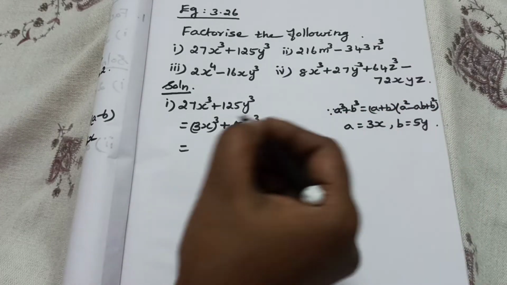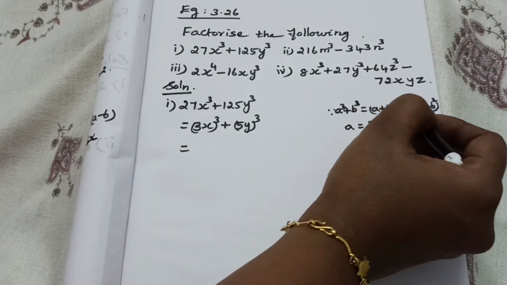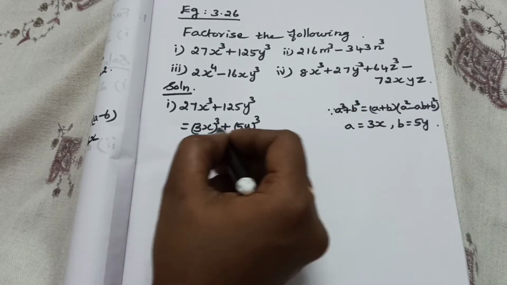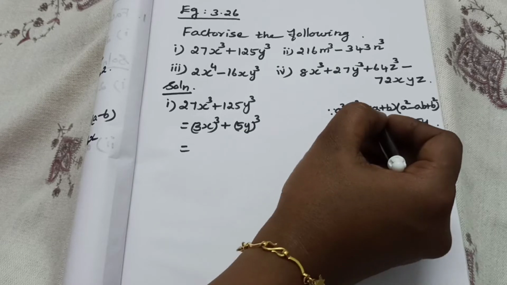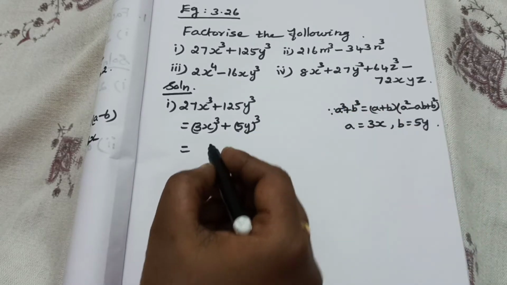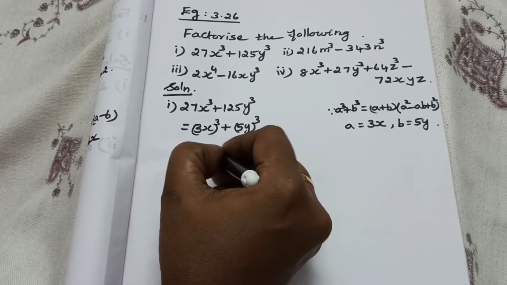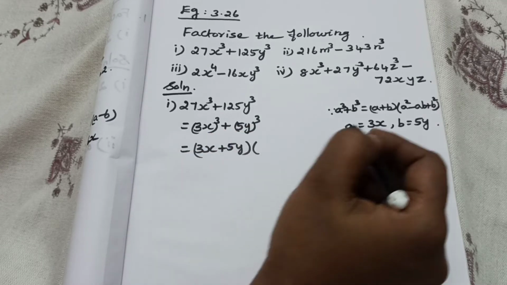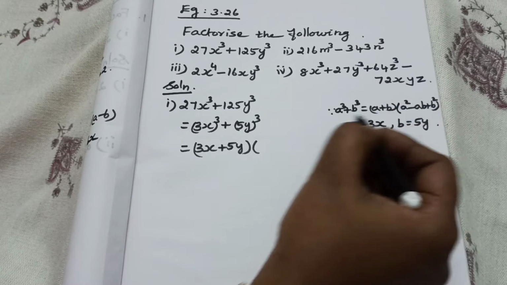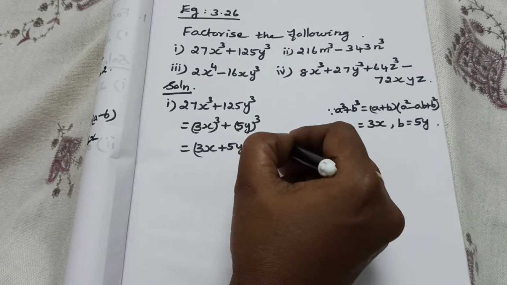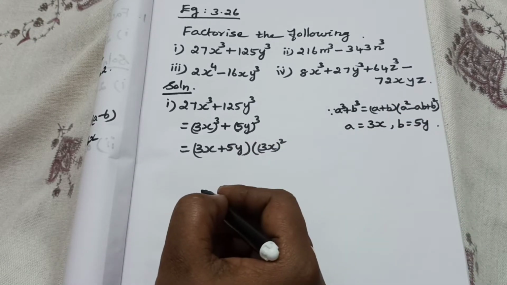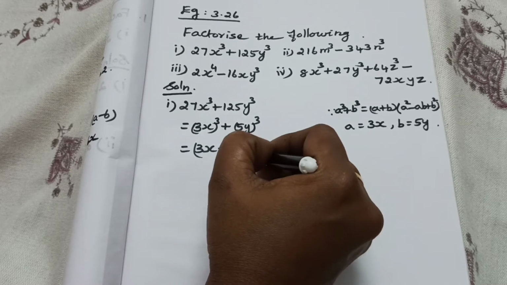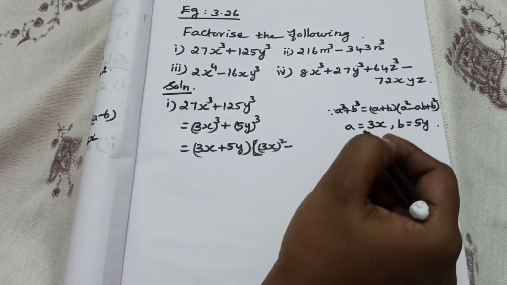Then you say a plus b. You say this is of the form a cube plus b cube, isn't it? And equal to a plus b. A plus b means 3x plus 5y into a square. A square means 3x the whole square, then minus ab.